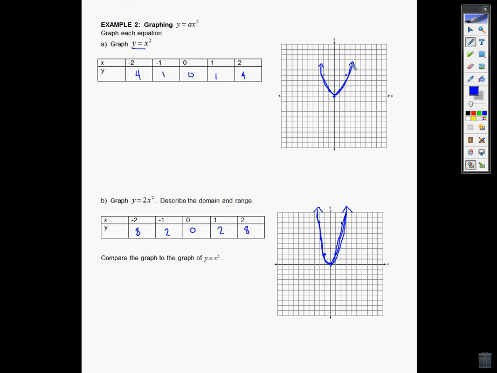This one is a little bit more wide and spread out. This one is a lot more vertical, condensed and squeezed together. So it looks like this 2 out front made the slopes on either side, even though they're constantly changing, increase more rapidly.